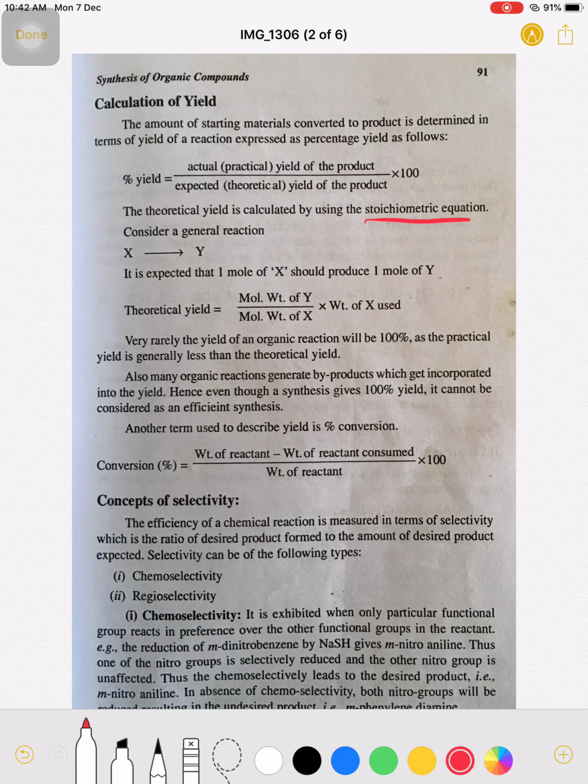Consider a general reaction, X gives us Y. X is a reactant and Y is a product.